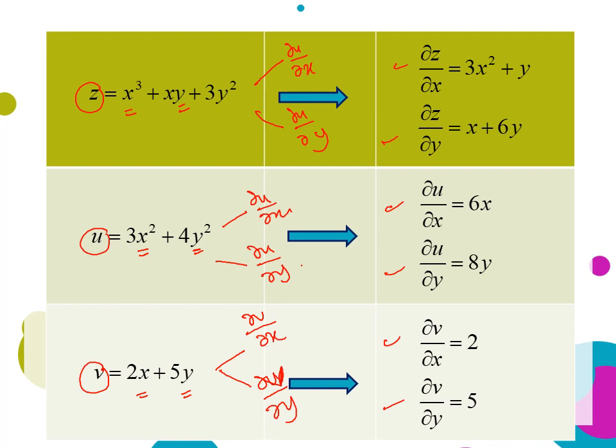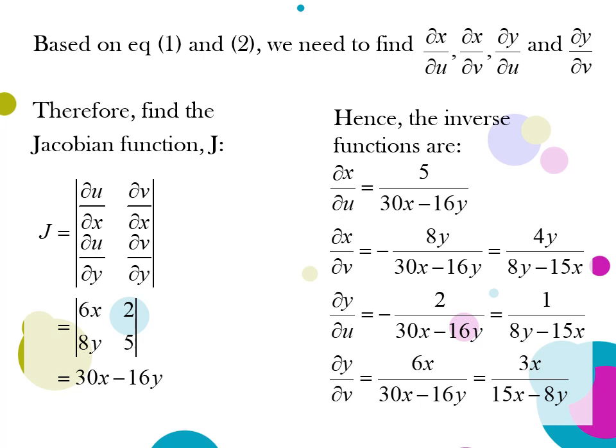Alright, once you have found this, then you need to proceed to the next step where you need to find the Jacobian. Okay, in order to find the Jacobian, it will just involve u and v only. So here, treat the first column for your u and the second for v, while for the rows you do the first row for variable x and the second row for your y.